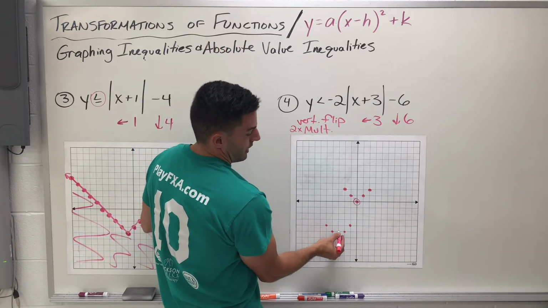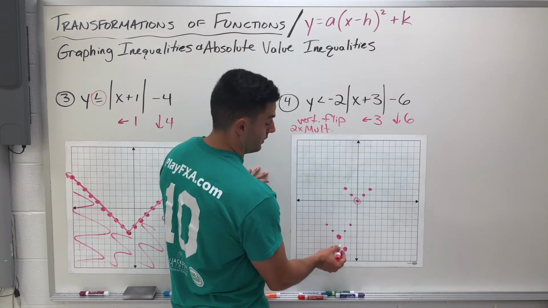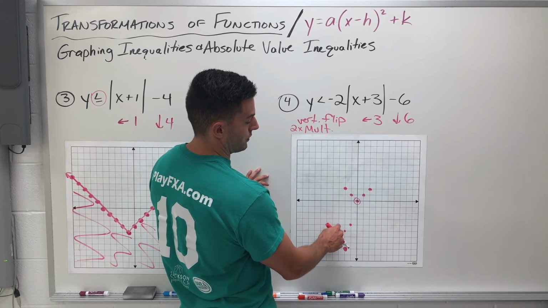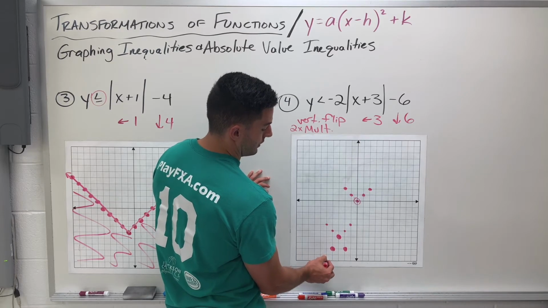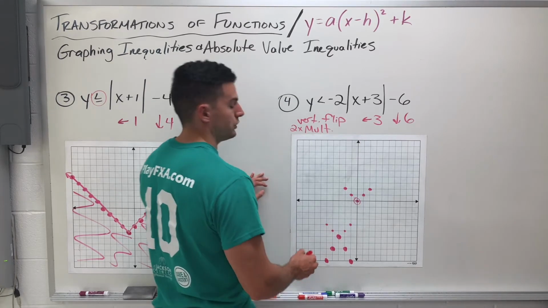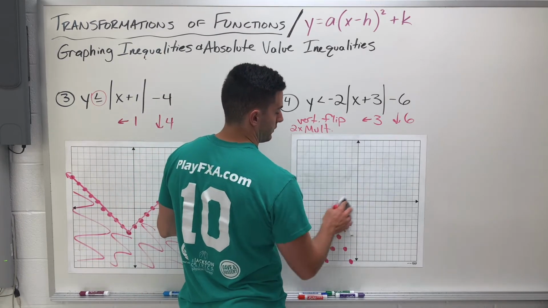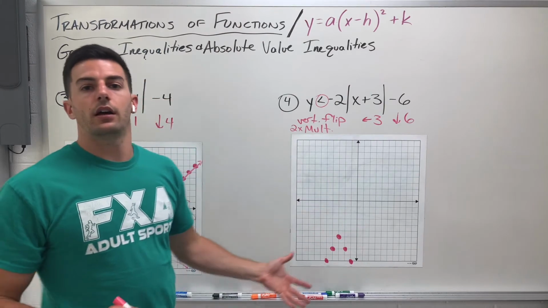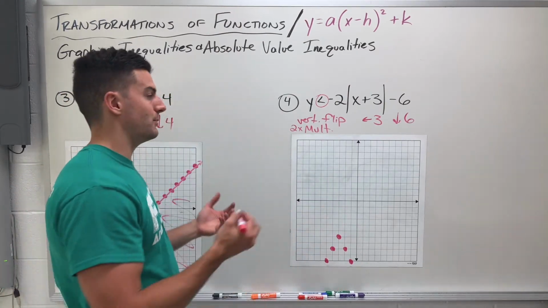So instead of moving up 1 and over 1, it would be down 2, right 1 and left 1 to both sides, okay? And then instead of up 2 and right 2 and left 2, it would be down 4 and over 2 to both sides. So once you draw the actual shape, get rid of all your helpful points that you used to help draw the shape. Then take into account the inequality sign, and that's going to tell me where the shading is and what type of line it is.